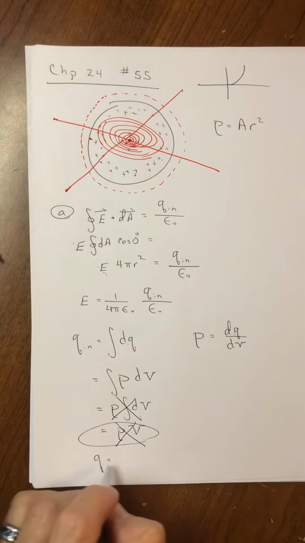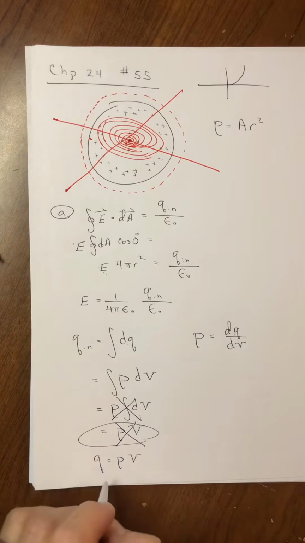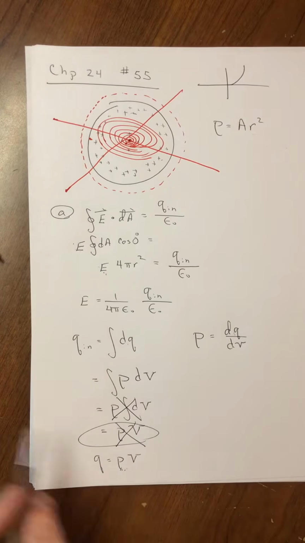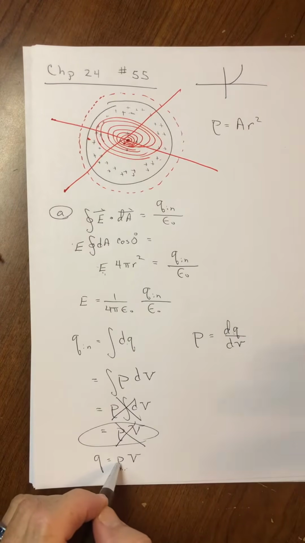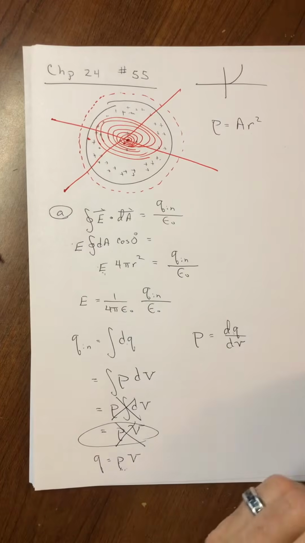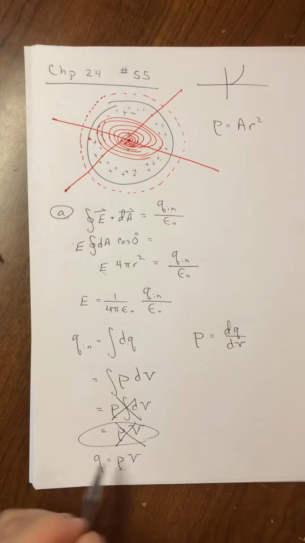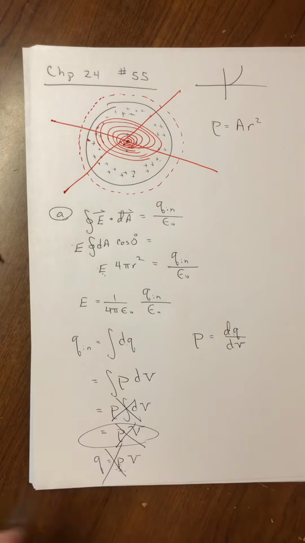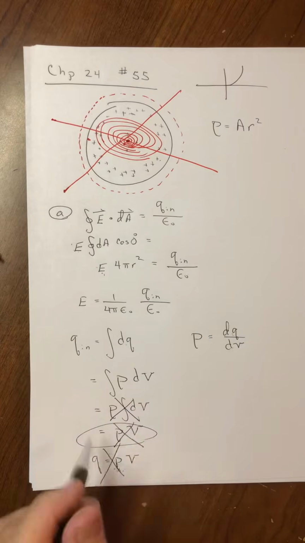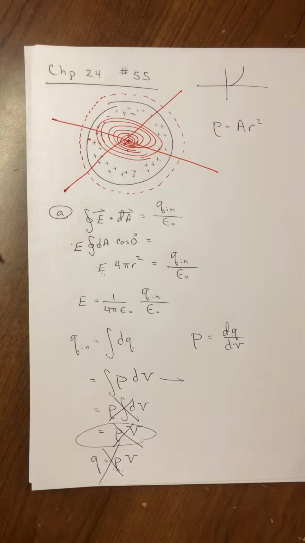Taking Q equals rho V is true only when you have a uniform or constant density. We use this quite a bit, and I did use it in 44, but I pointed out that you can't always use it, and this is an example of that. So this would all be wrong. So let me just keep going in this direction.